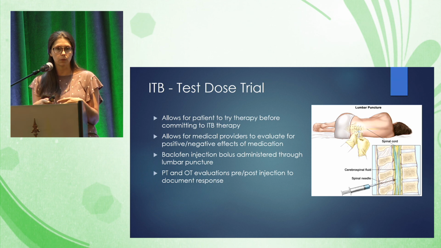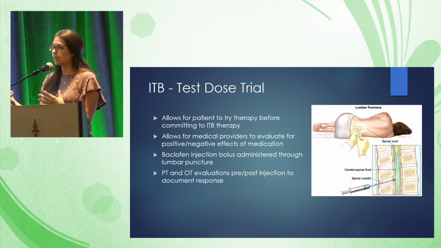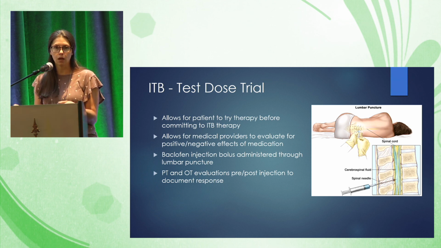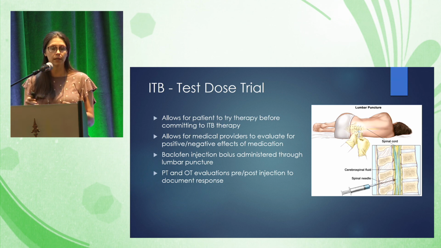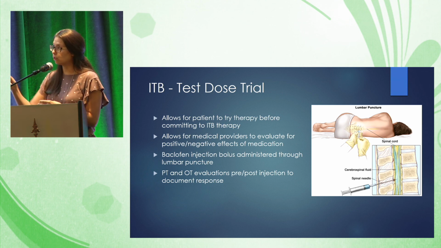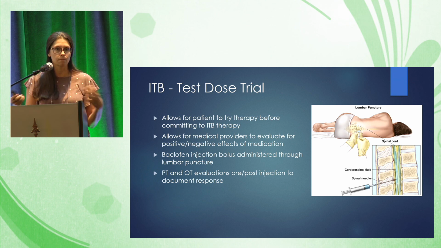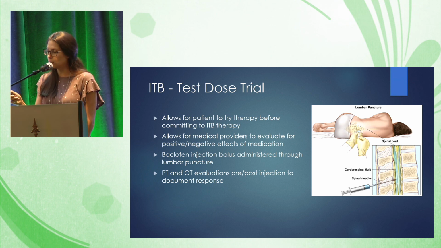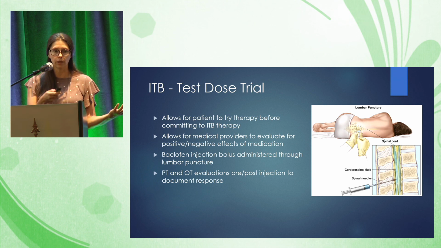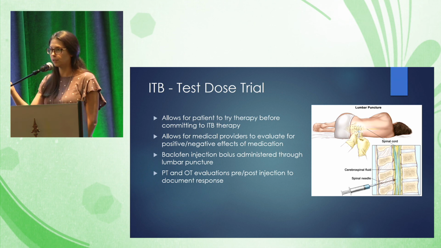With intrathecal baclofen being so strong, there's the potential for loss of too much tone and weakness, causing more difficulties with your mobility, walking, transfers, etc. Those are all things to look at when deciding if the test was a good result, a negative result, or inconclusive and we want to repeat it at a different time.